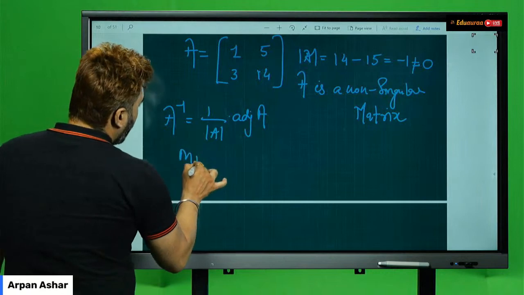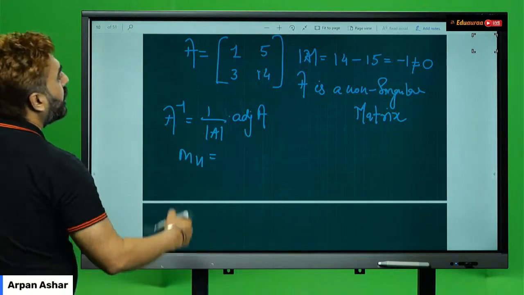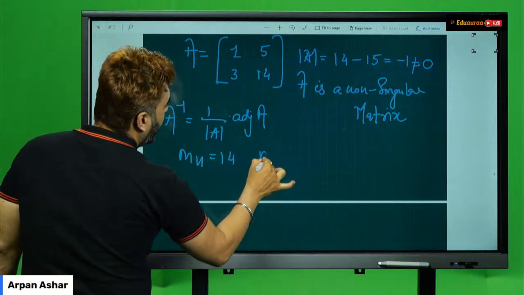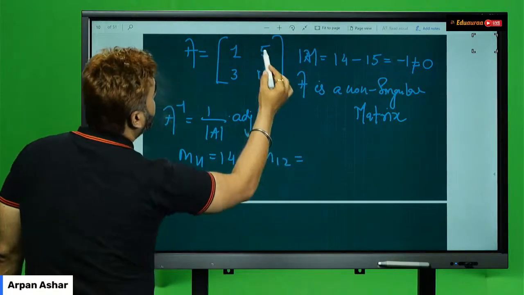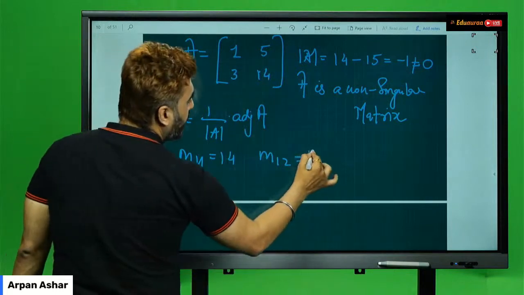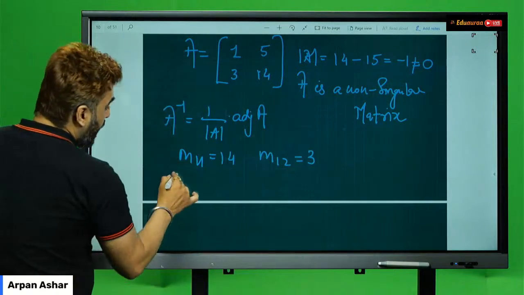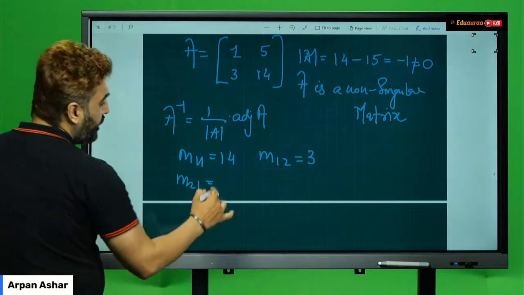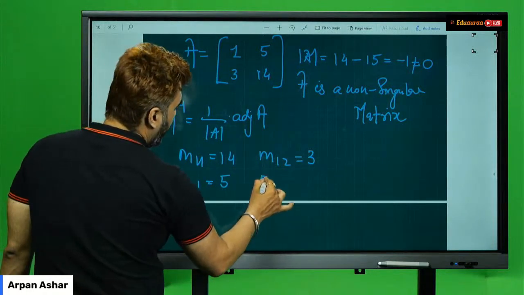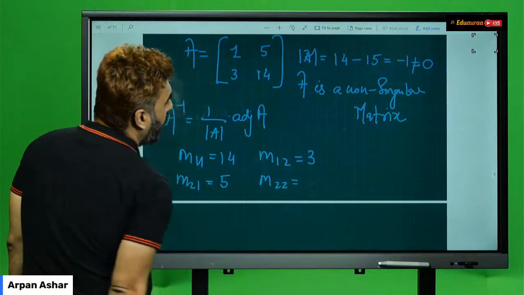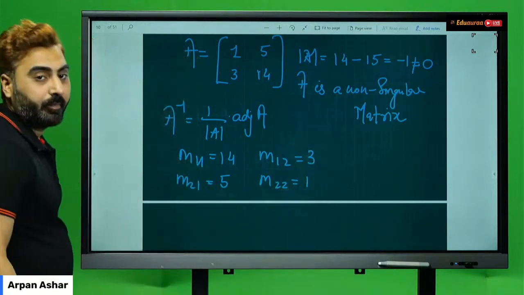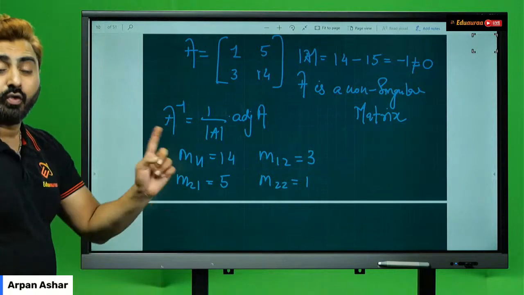So M11 क्या होगा, इसका माइनर होगा 14, M12 क्या होगा, इसका माइनर होगा 3, M21 क्या होगा, ये नंबर का माइनर होगा 5 और M22 क्या होगा, so M22 will be nothing but 1. Once you find minors, how to find cofactors?